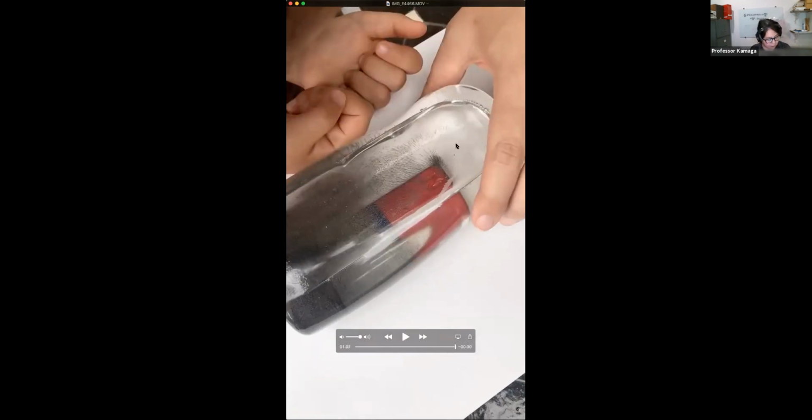So that's it. These are iron bits in baby oil. I use the baby oil so it's a little more viscous. Without the magnets nearby, they're just regular iron bits in oil.